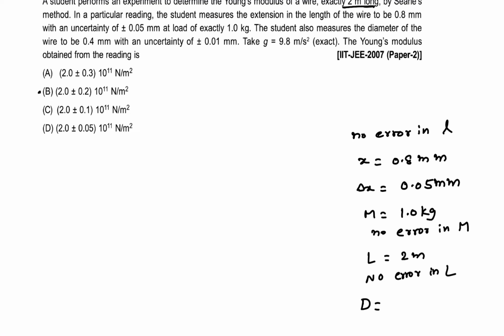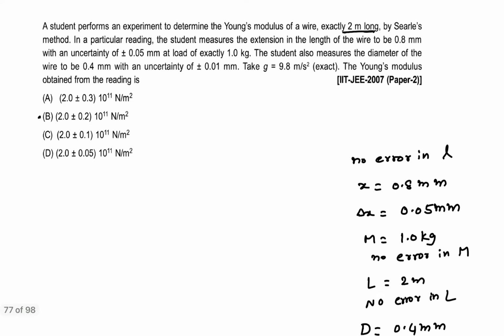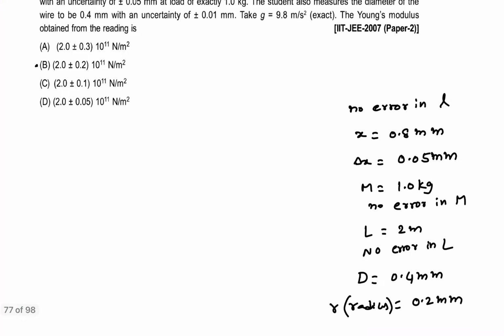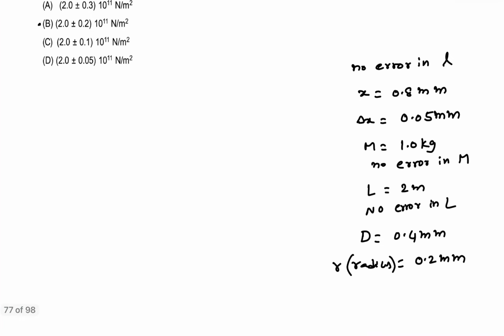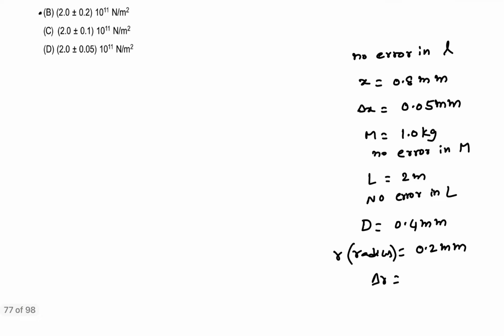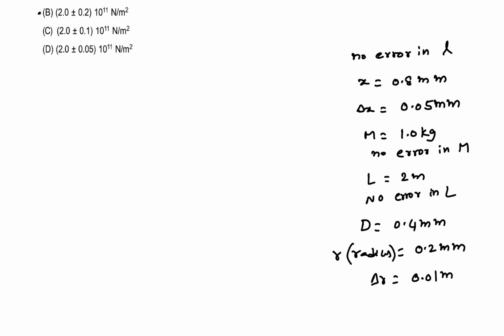Next, the student also measures the diameter to be 0.4 millimeter. I am taking this as capital D equal to 0.4 millimeter, so I can write the radius R is 0.2 millimeters. Next, error in diameter.